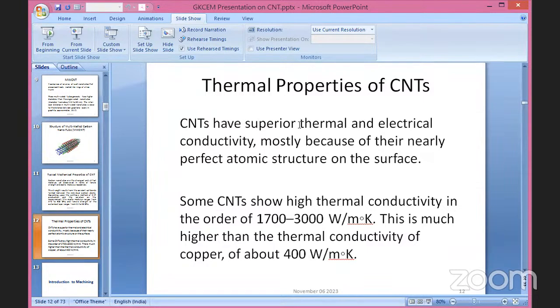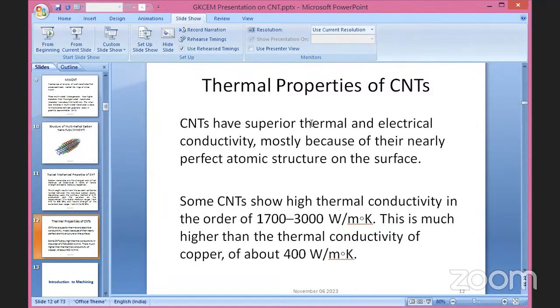So we put CNTs inside alumina to improve some of its properties. CNTs have superior thermal and electrical conductivity, mostly because of their nearly perfect atomic structure on the surface. That is one important issue.